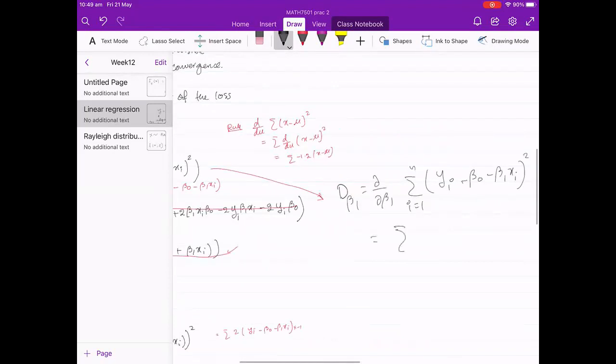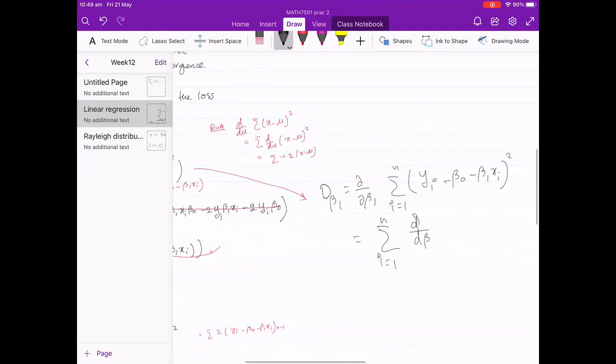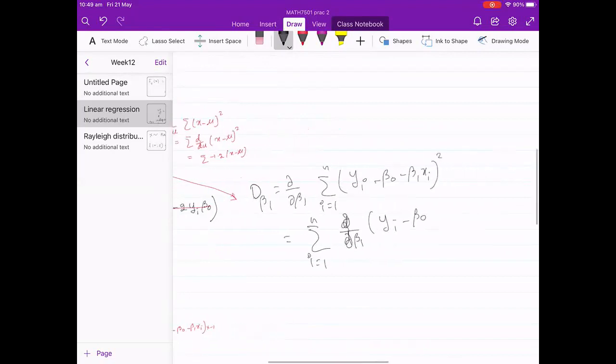That's equal to the sum, i equals 1 to n, of d by d beta 1 of (yi minus beta 0 minus beta 1 xi) squared.